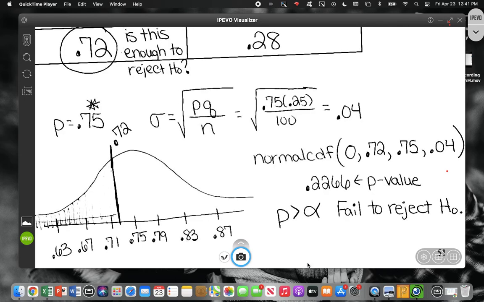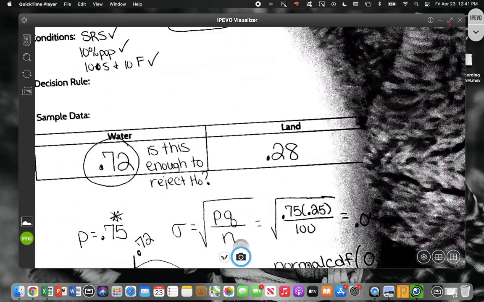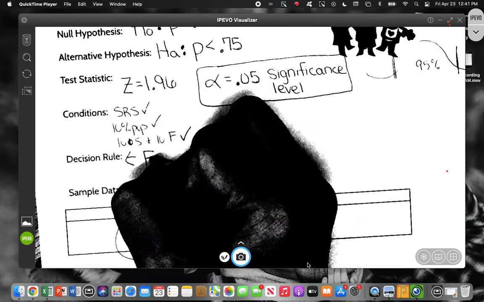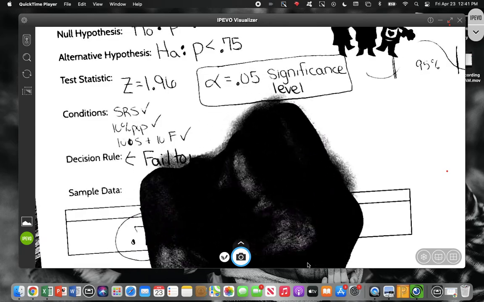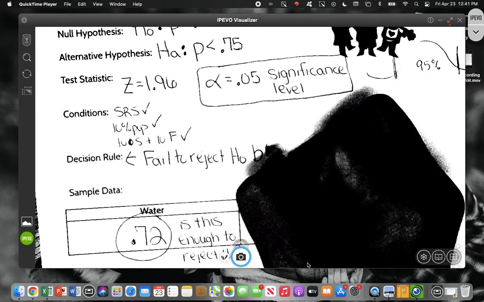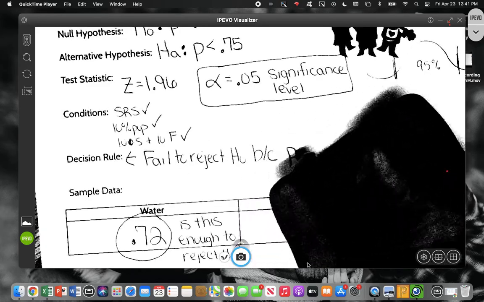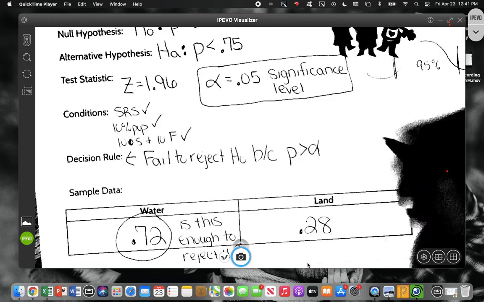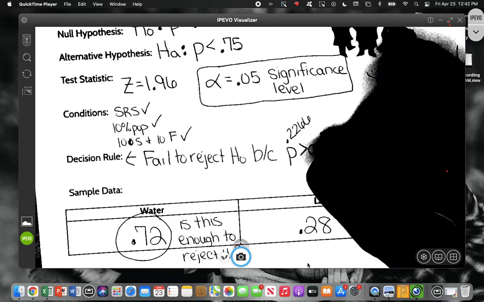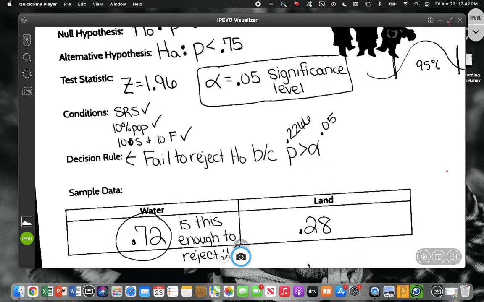So on this one, whenever we go back to our decision rule, we can say that we fail to reject the null hypothesis because our p-value was bigger than alpha. So our 0.2266 was bigger than 0.05.